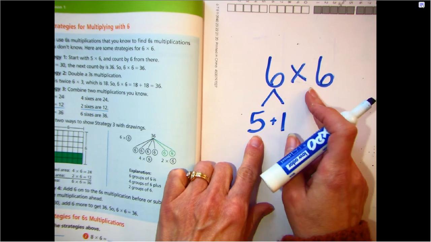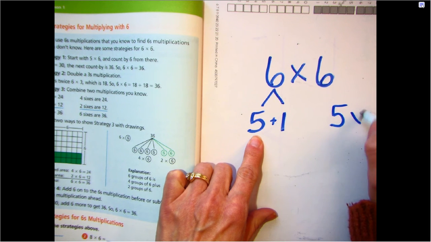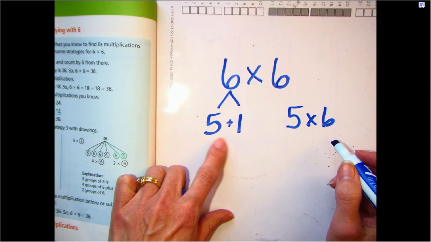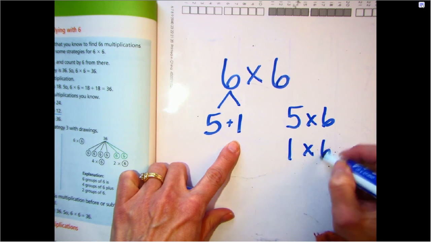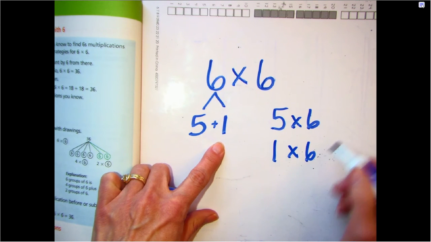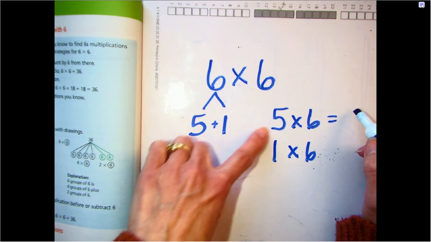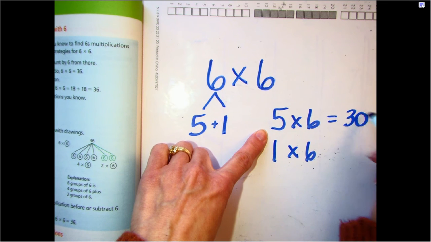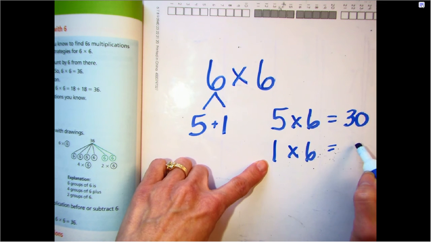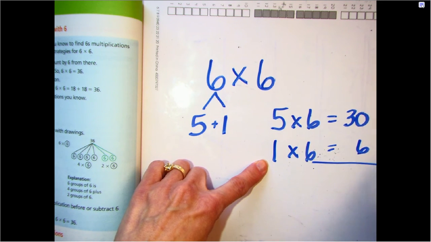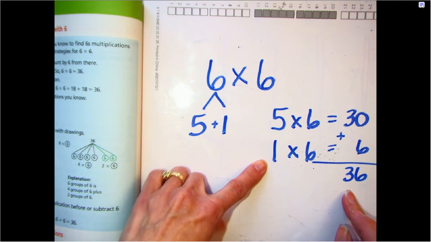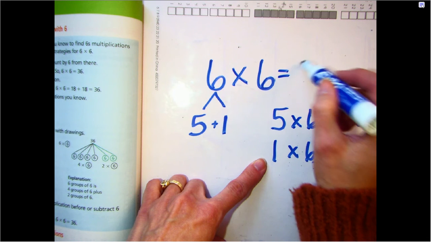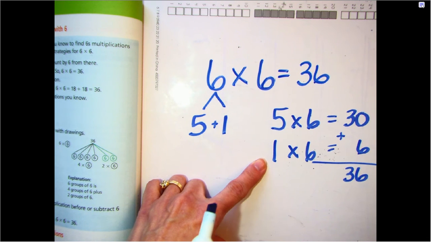If I know 5 times 6, and I know 1 times 6, then I can just add those together. 5 times 6, you know your 5s, is 30. 1 group of 6 is 6. I can just add those together to get 36. That is my product for 6 times 6.